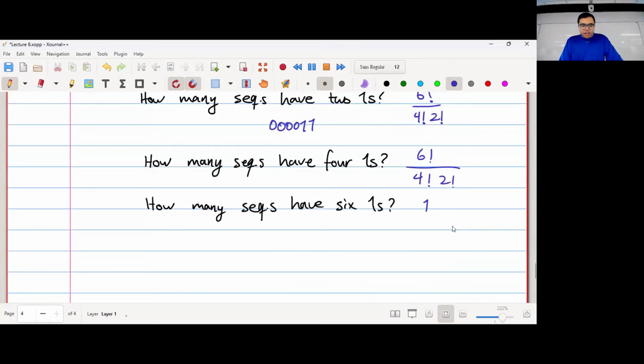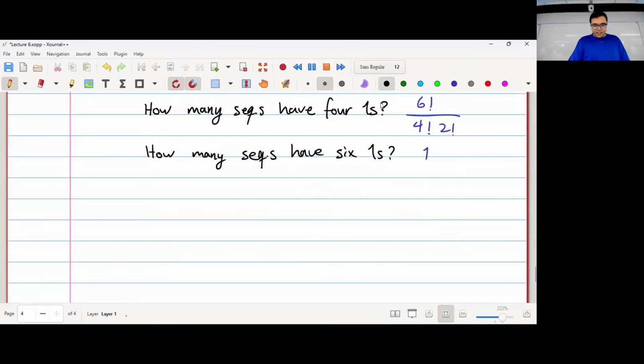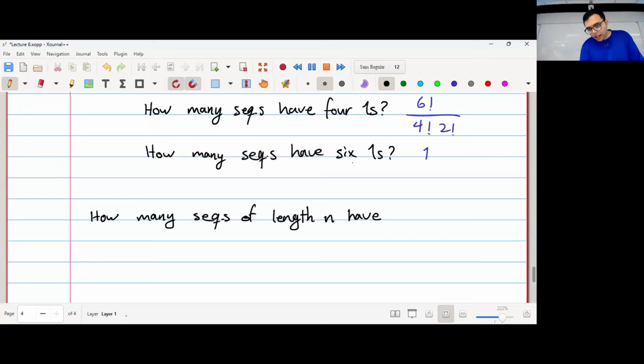Okay, now let's extend this to general n. In general, I can ask something like this. Let's say that I have sequences of length n. So I can ask how many sequences of length n, of course, I'm talking about binary sequences, have an even number of ones, so let's say 2i ones.